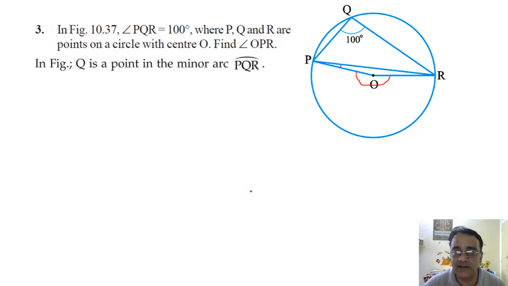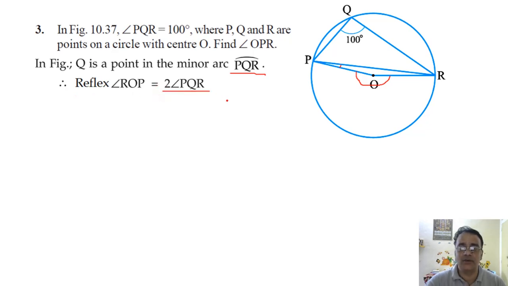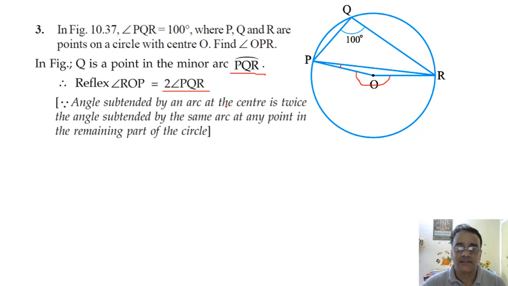We'll start with that. In the figure, Q is a point on the minor arc PQR. So reflex angle ROP is equal to 2 times PQR. The value of PQR is also with us, that is 100 degrees. So what is the value of reflex angle ROP? 200 degrees.